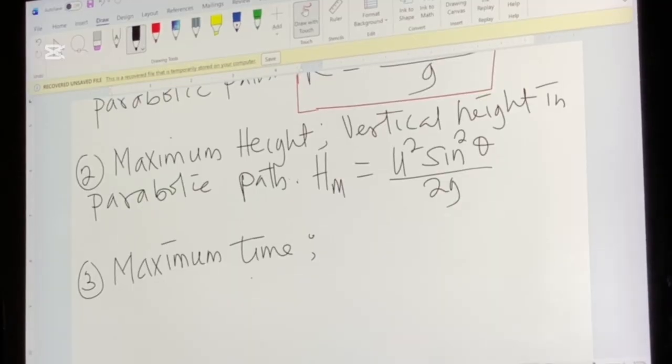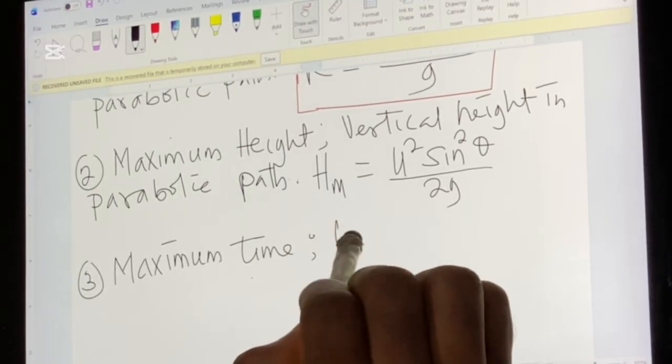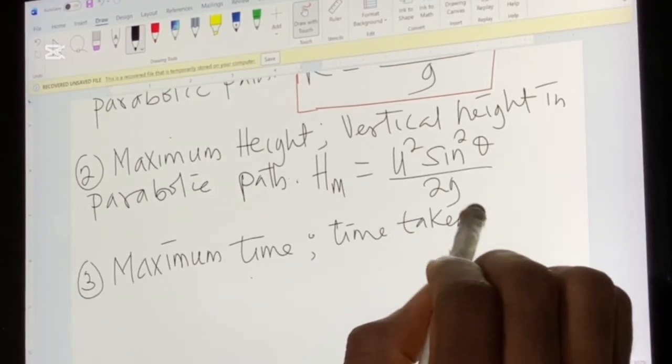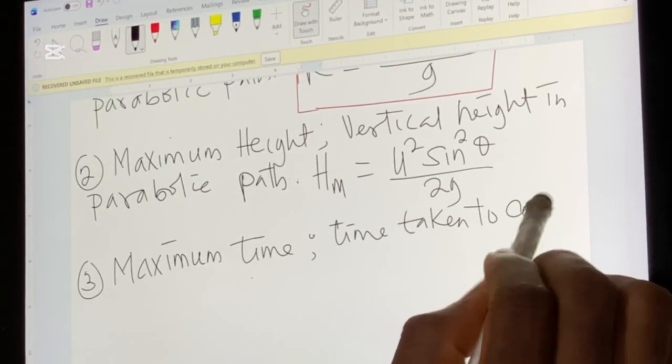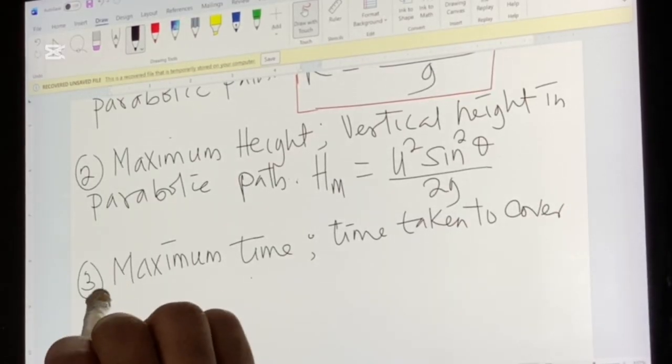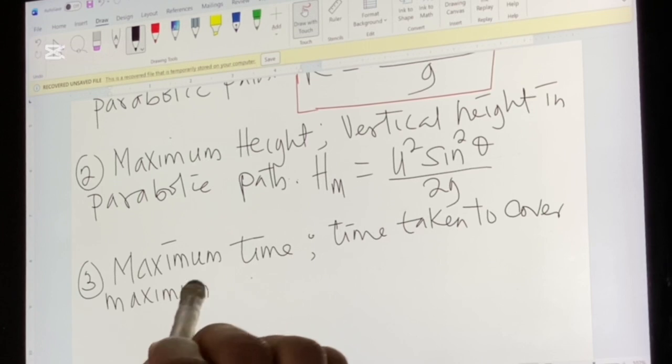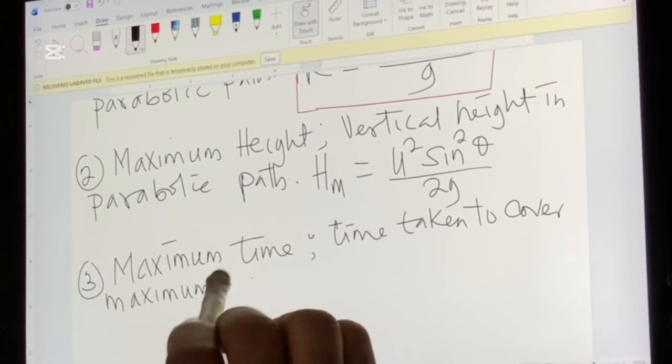But let's take a definition here before we take the mathematical representation. Maximum time is the time taken to cover maximum height.